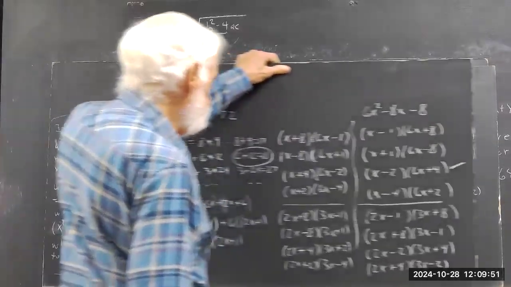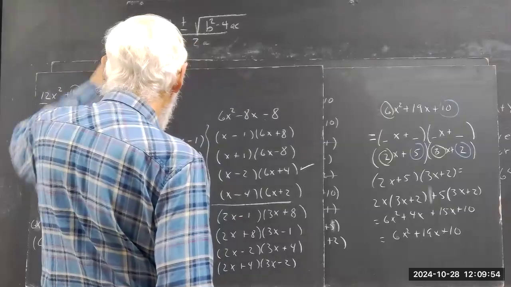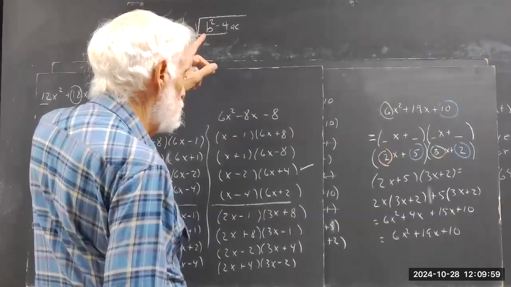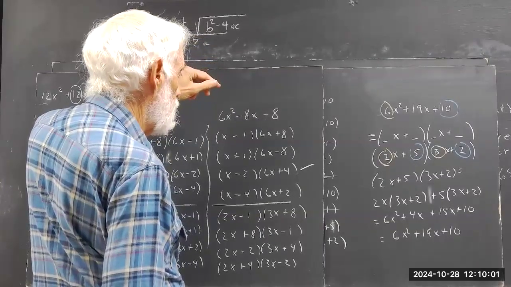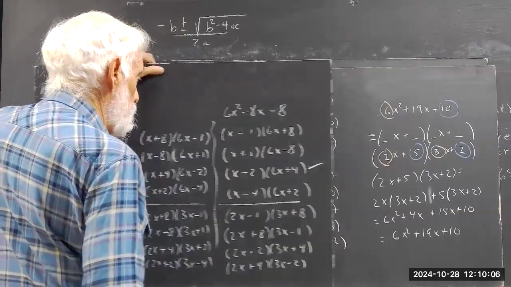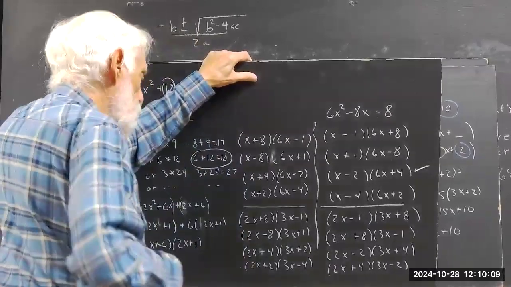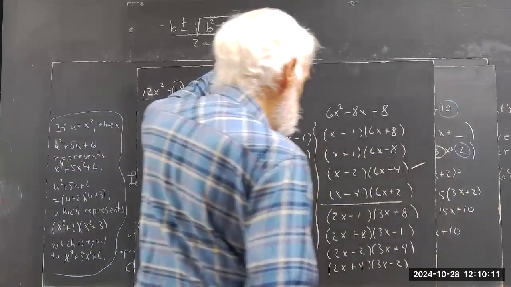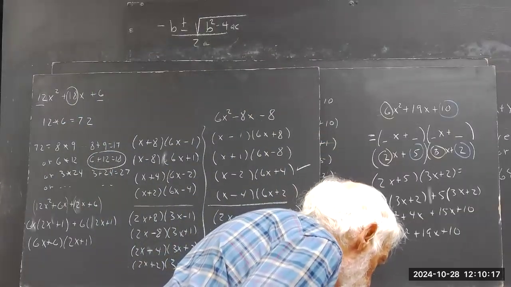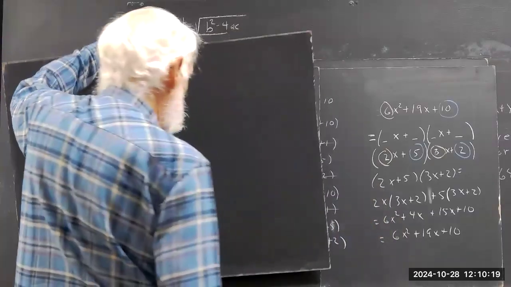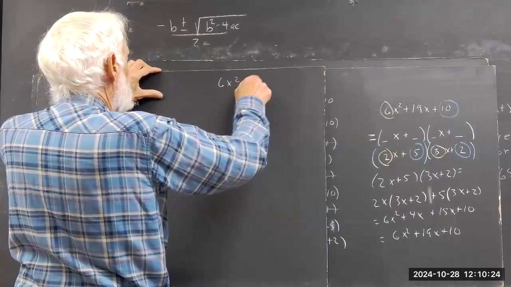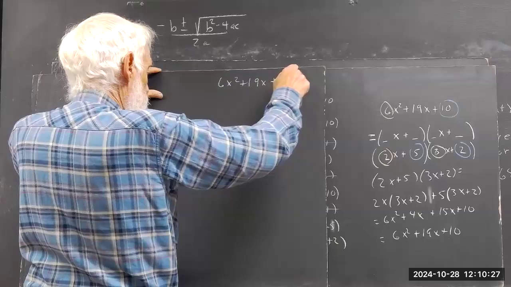So let's find a piece of unused board. Let's try 6x squared plus 19x plus 10.